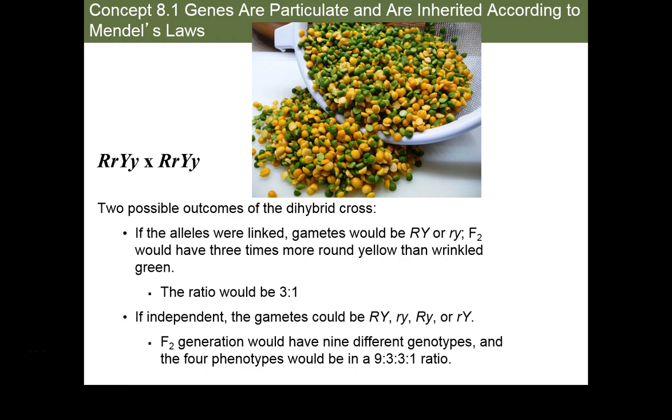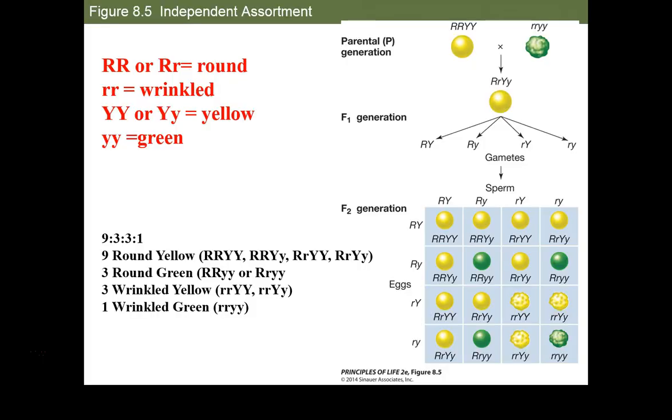If the traits for roundness and color are on separate chromosomes, the F2 generation can have 9 different genotypes and 4 phenotypes in a 9 to 3 to 3 to 1 ratio. You can do the dihybrid cross yourself, or just take a look at this diagram where it's already done.